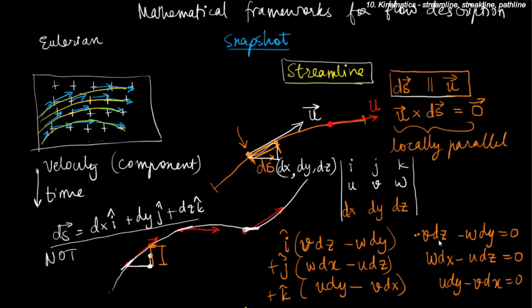From this we can conclude that u upon dx is equal to v upon dy is equal to w upon dz, and this gives us a parametric representation of what the equation of the streamline at a given time instant is going to be.